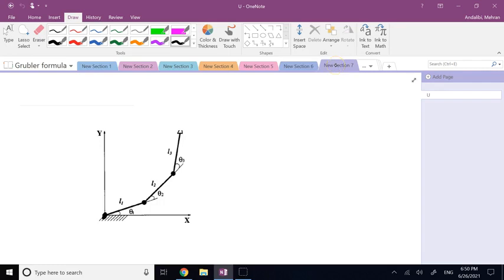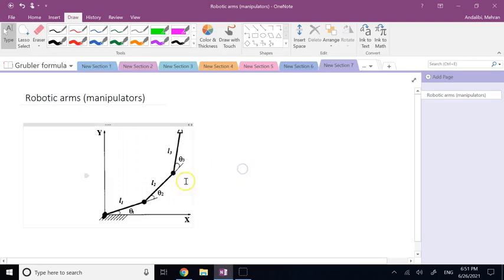There are other things that have more than 1 degree of freedom, and that includes your robotic manipulators, right? Your robotic arms or manipulators, they all have typically more than 1 degree of freedom.